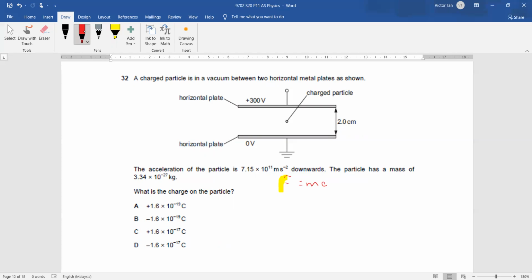What is F? F equals Eq, so qV over d. It's also F. So q equals mad over V, equals m, 3.34 times 10 negative 27 times 7.15 times 10 to the 11 times 10 negative 2. Okay.